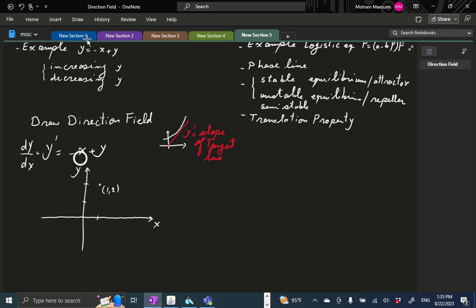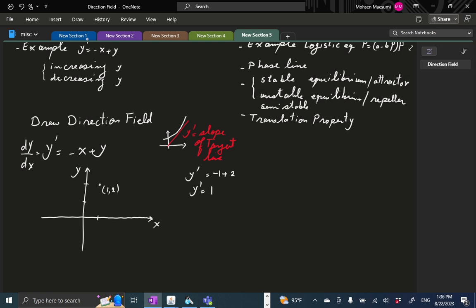The differential equation says take x and y of your point, calculate minus x plus y. So I'll have minus 1 plus 2. That is supposed to be my slope at that point. y prime is this, so y prime is equal to 1.